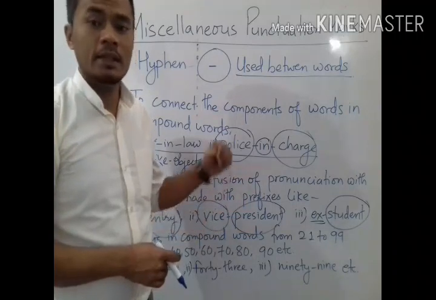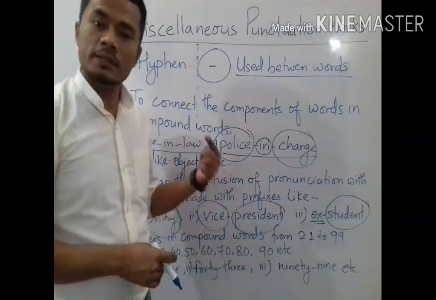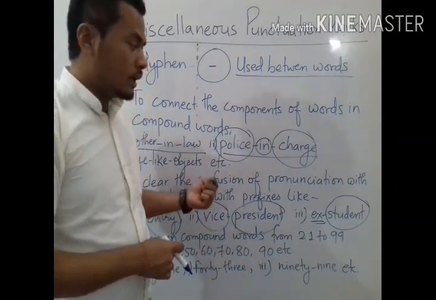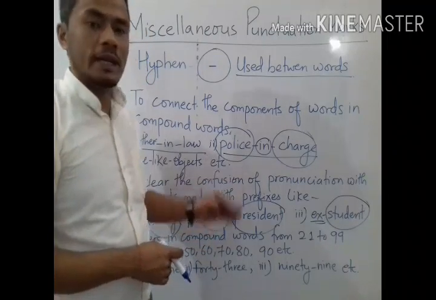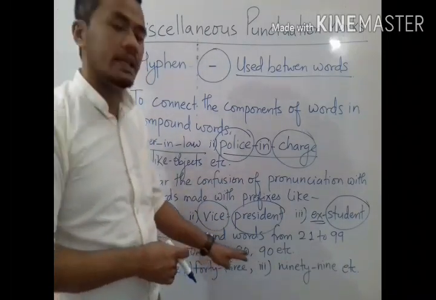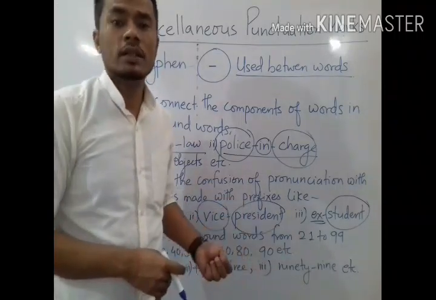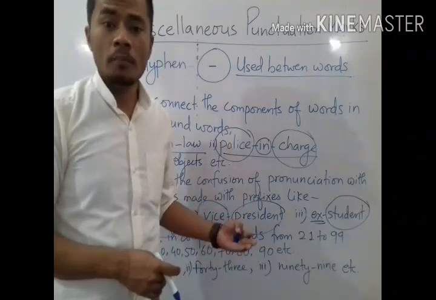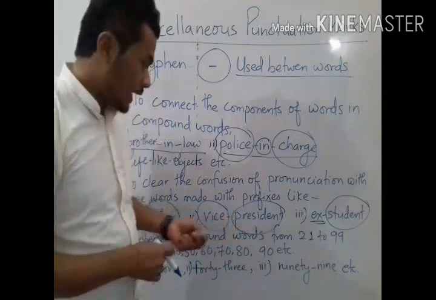Whenever we write them in words, they form a single word. But whenever we write 21 to 99 except these tens, all those numbers form compound words.